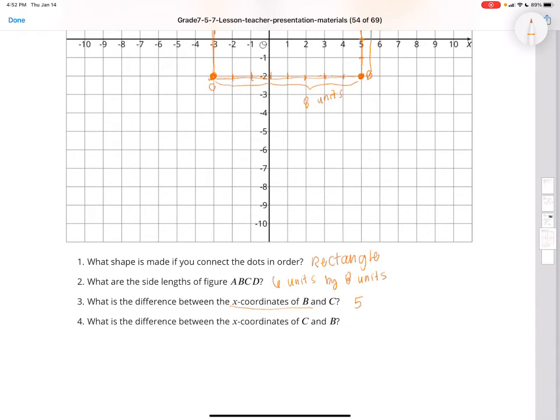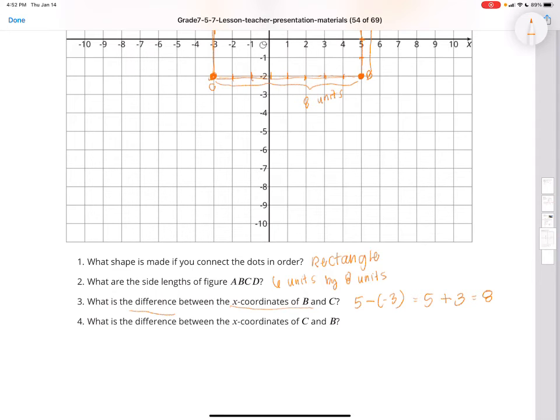So 5, and it says the difference, which is subtraction, -3. Subtracting a negative is the same as adding a positive. So if I apply the additive inverse, I'm keeping my 5, changing that subtraction to addition, and the opposite of -3 is +3, which is equal to 8. Okay?